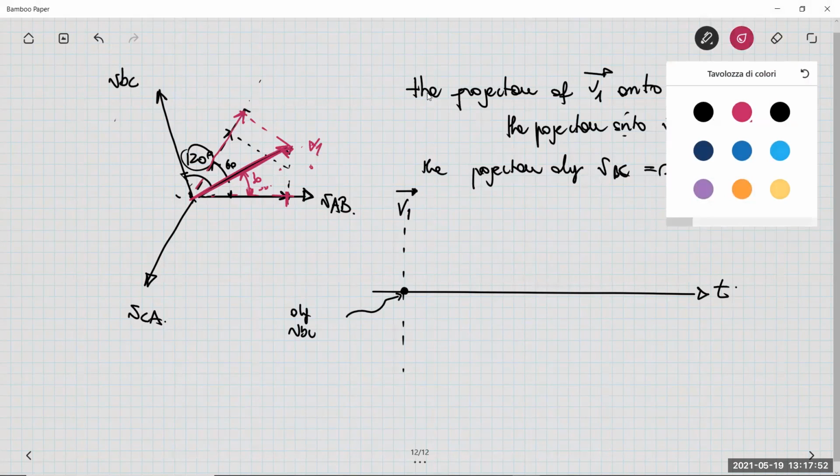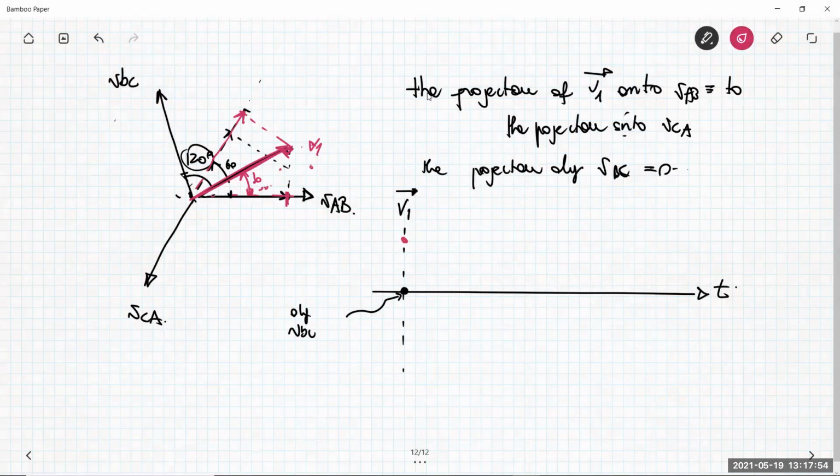Then I have the projection along VAB, which is here. The projection along VCA has the same magnitude of that you can have along VAB, but it's negative because it occurs in the negative axis. So it is here. Okay, so we have these 3 points here. So this is VAB, VBC, and VCA.